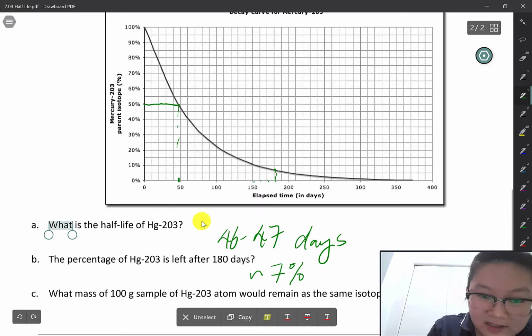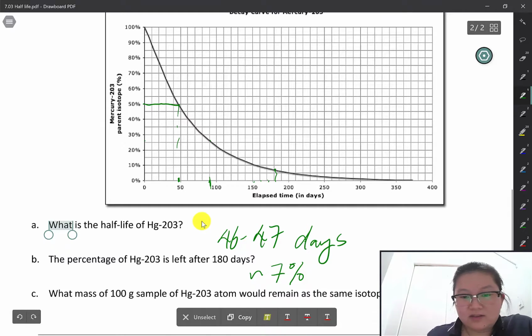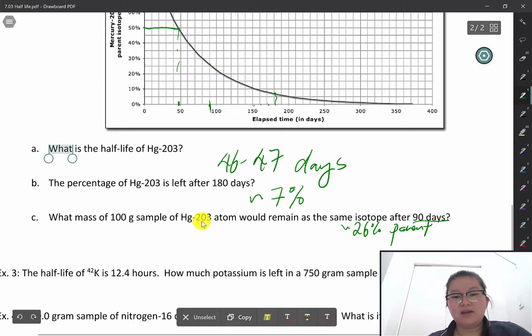For 90 days, we do an interpolation again. My estimate is about 26, so roughly 26% of the parent is going to remain.